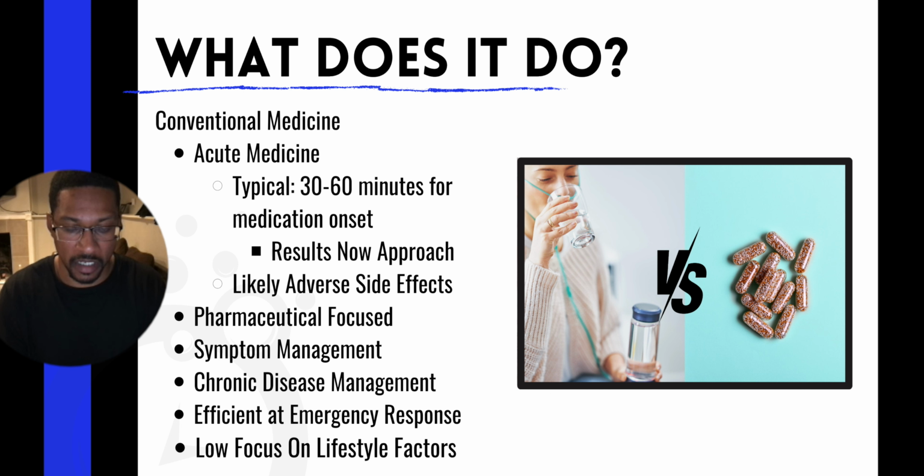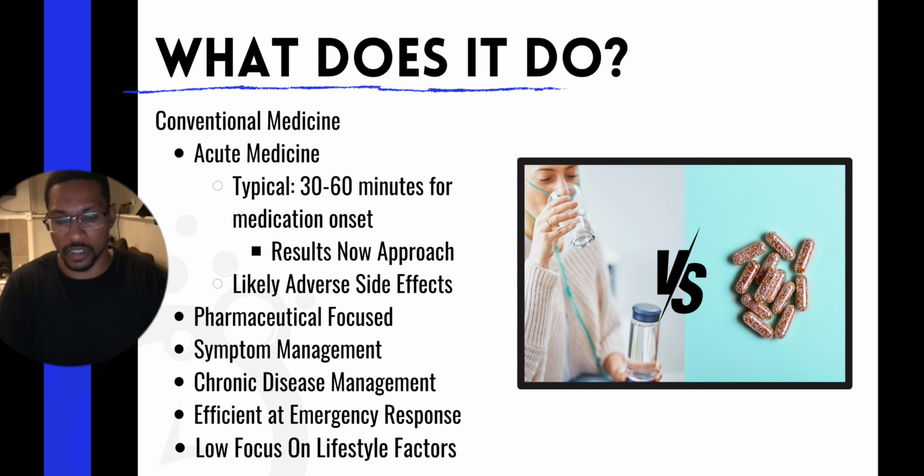So conventional medicine has its pros and cons, and it has quite a few cons. But anyway, more or less, conventional medicine is acute medicine or acute therapy. It's typically a results now approach.